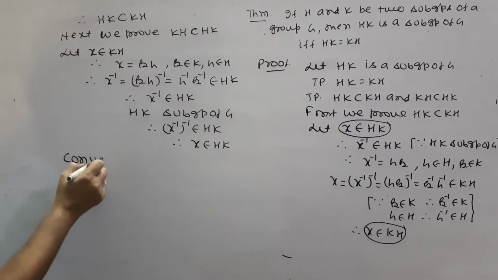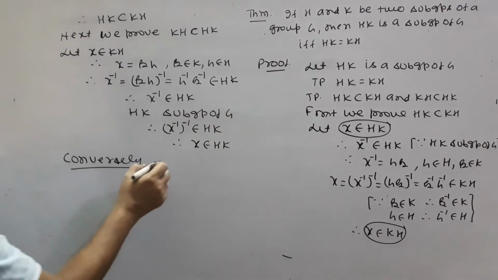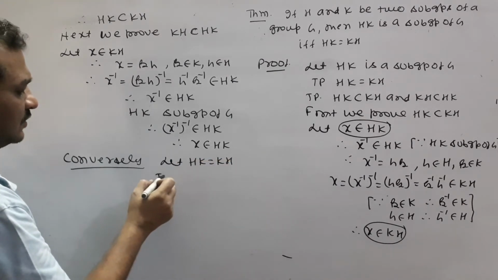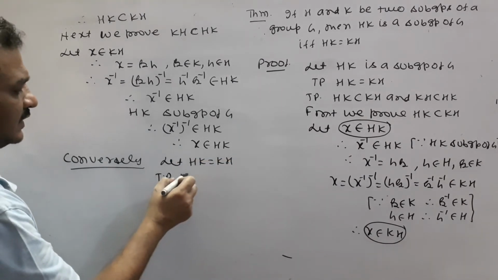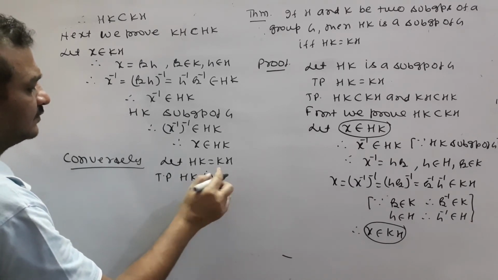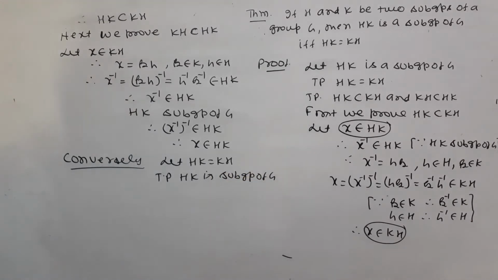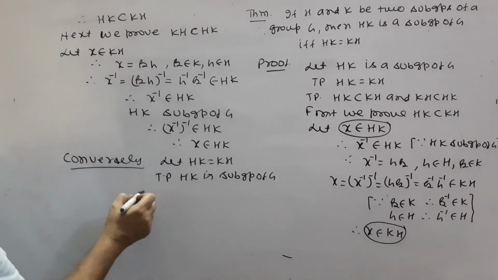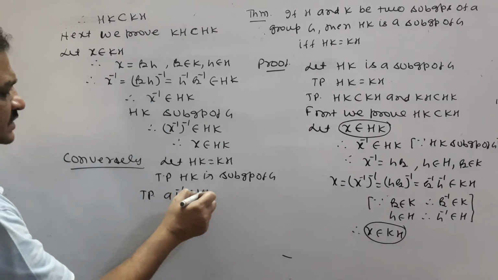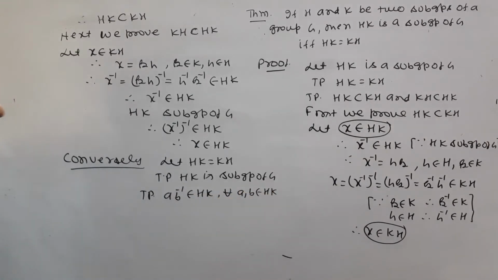Conversely, beta, given let HK equal to KH. To prove HK is a subgroup of G. To prove a b inverse belongs to HK for all a, b belongs to HK.